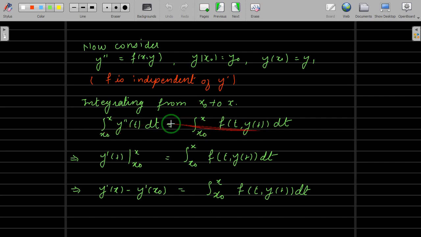And then the integral of y double dash was y dash, so y dash at t with limits x naught to x equals the same thing. Then we put the upper limit minus lower limit, so we have y dash at x minus y dash at x naught equals this same.